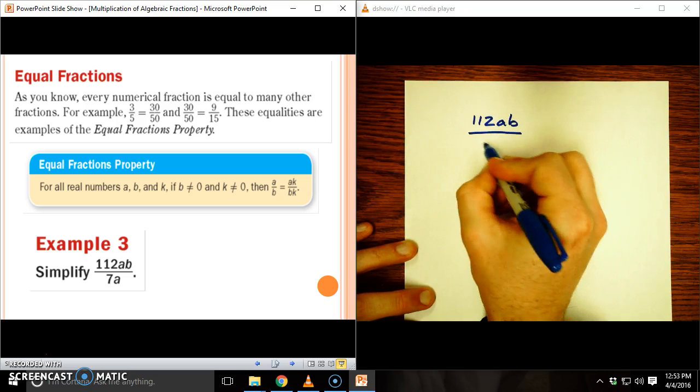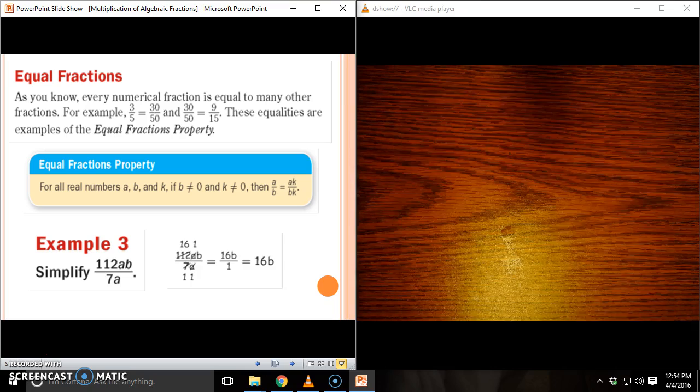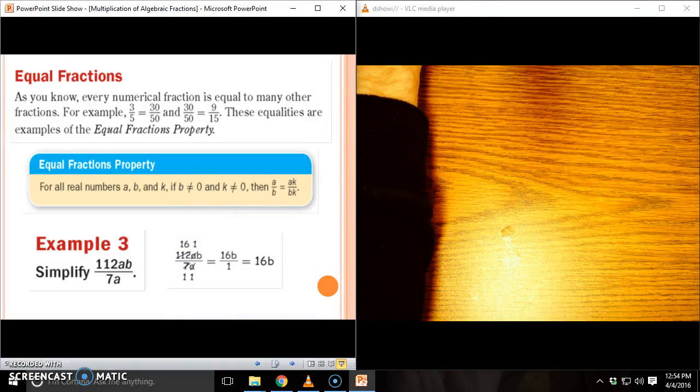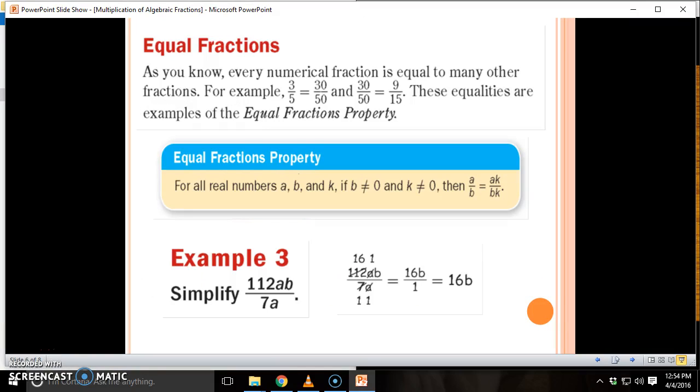So that's what we're going to look at. So you can see what happens here. Basically, the 112 becomes 16, 7 becomes 1, and you're left with 16b.